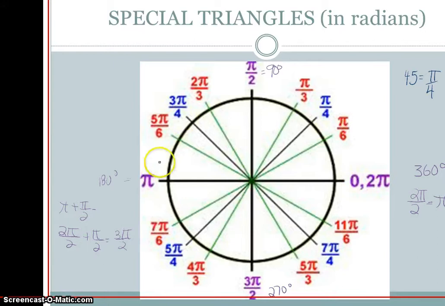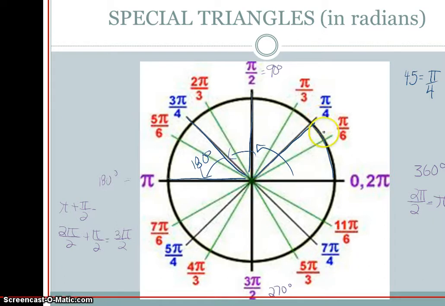So from 0 to pi we know is 180 degrees. So if we break it up into 4 sections, so 1, 2, 3, and then this would be our 4th. So here would be our triangle. So from here to here is another 90, 135, and 180.